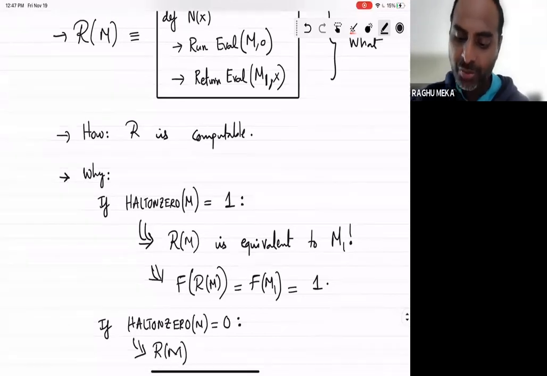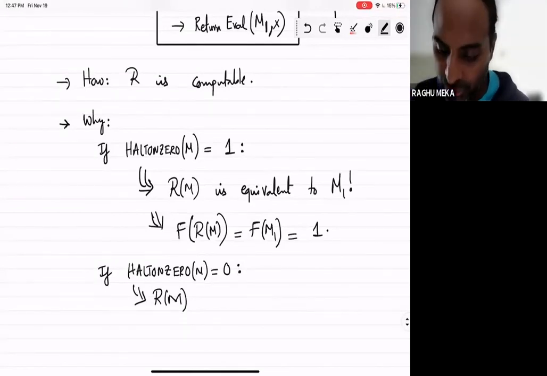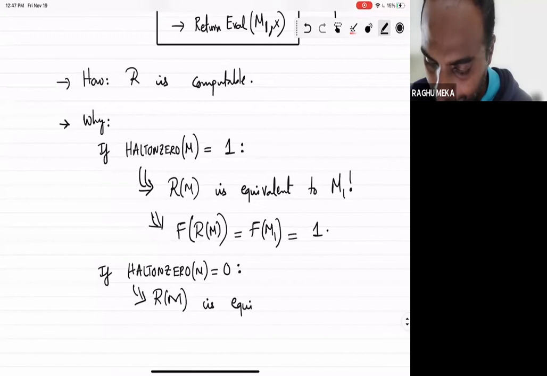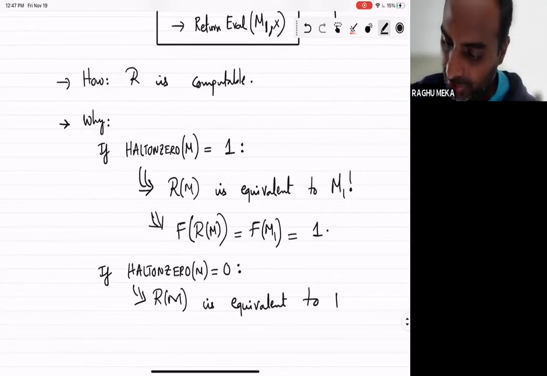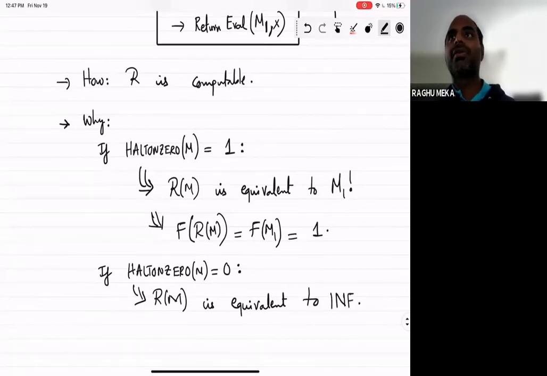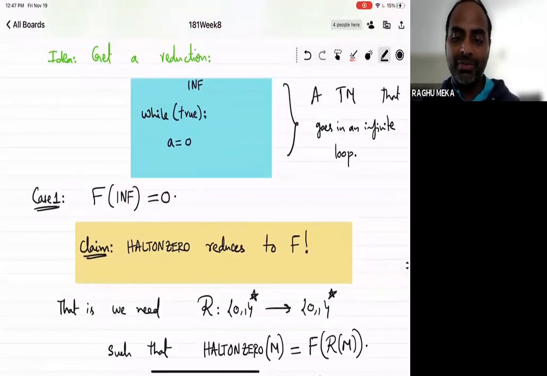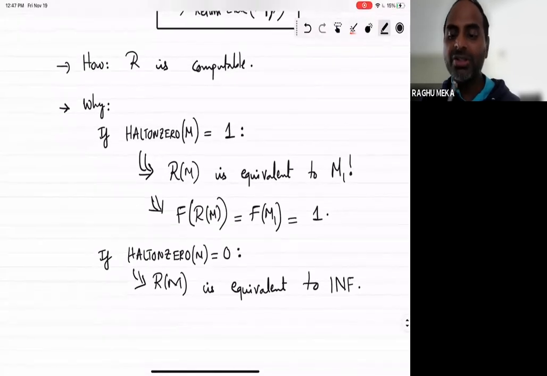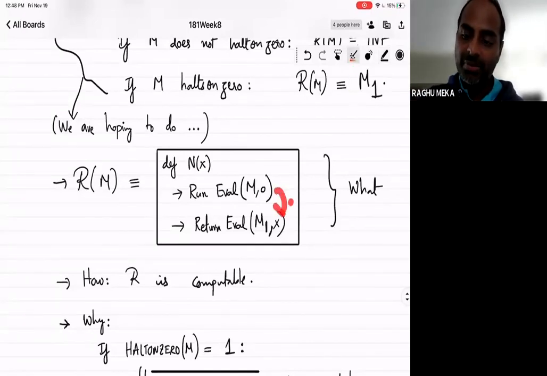This new reduction program that we built is equivalent in behavior exactly to inf, right? inf is a program which goes into an infinite loop every time. And when halt on 0 of m equals 0, this program R of m also goes into an infinite loop every time. It never gets to this second step at all.